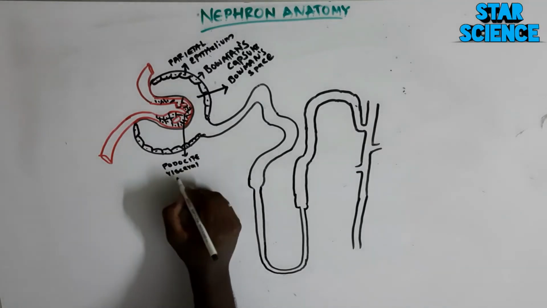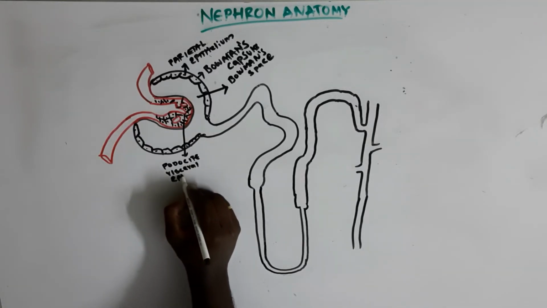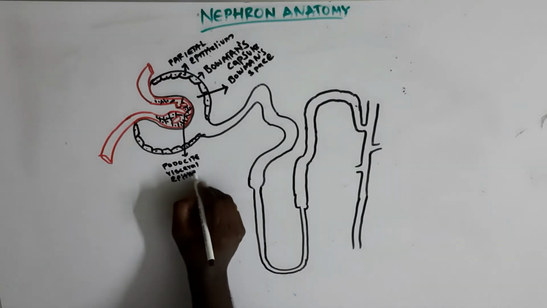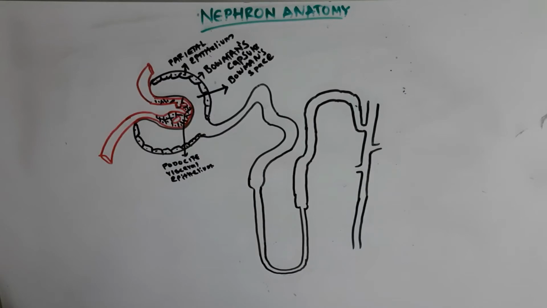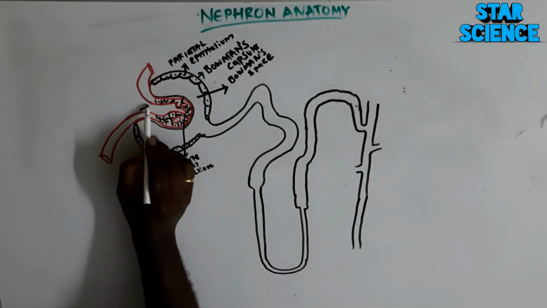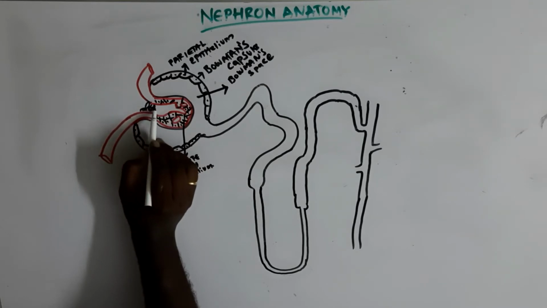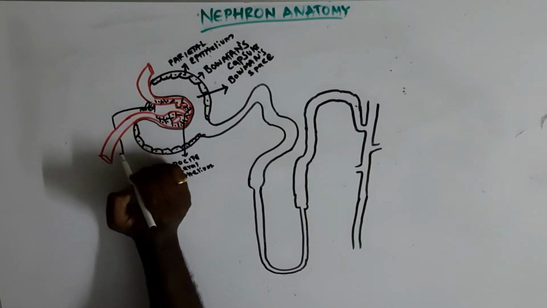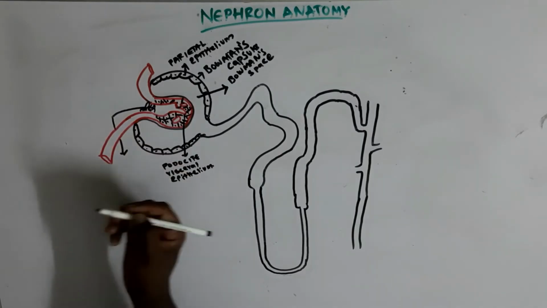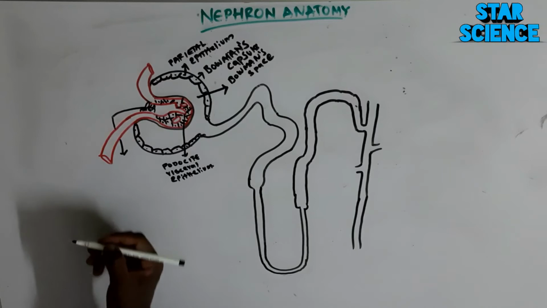Now you can see clearly where the Bowman's space is. The space between the parietal epithelial and visceral epithelial cells is called Bowman's space. And the region I am drawing right now is called the juxtaglomerular apparatus.